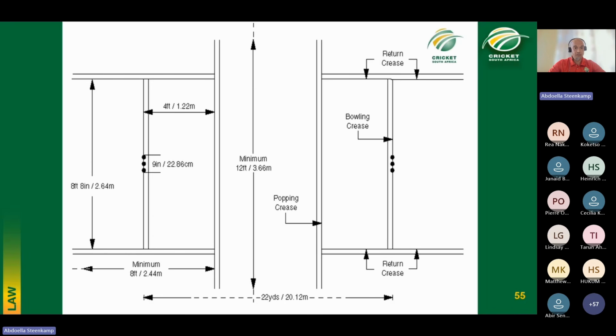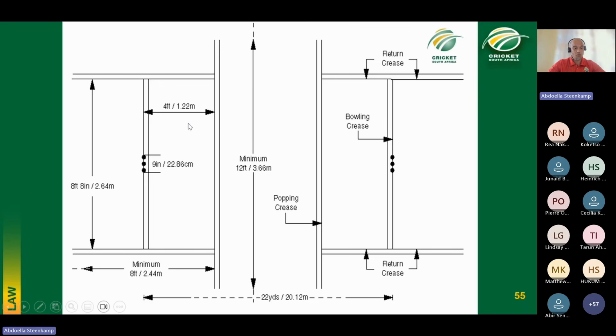Just to give you another measurement, from the back edge of the bowling crease, where the arrow starts here, till the back edge of the popping crease, that measurement is 1.22 meters. Again, this is also one of the measurements that we need to double check as umpires before the game starts.